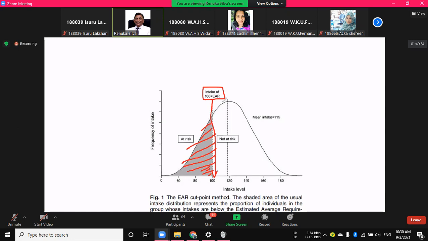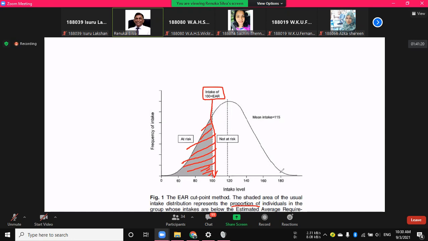This is the proportion of individuals in the group whose intakes are below the estimated average requirement, EAR. That must be clear to you. Right. The non-shaded area is the proportion with usual intake above EAR.